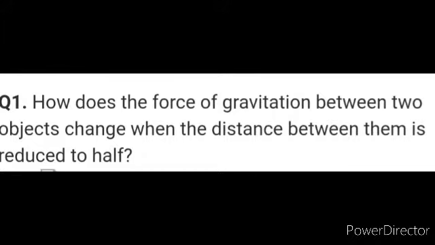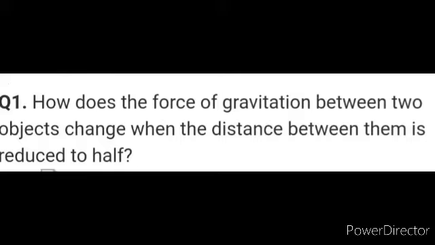So the first question is, how does the force of gravitation between two objects change when the distance between them is reduced to half? We know that distance and gravitation force have an inverse relation.